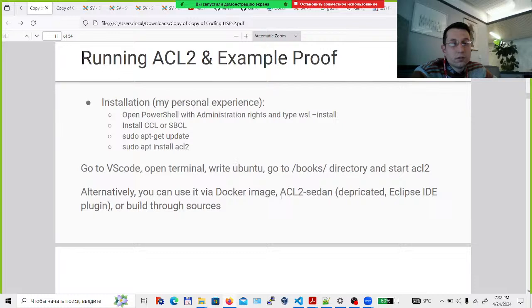It's an Eclipse IDE plugin, which allows you to verify your software and hardware inside Eclipse IDE via a graphical user interface. Mainly, ACL2 uses a REPL, read-evaluation loop, where you work in some kind of terminal or console and copy and paste the actual code from a file, or you can just do it manually.